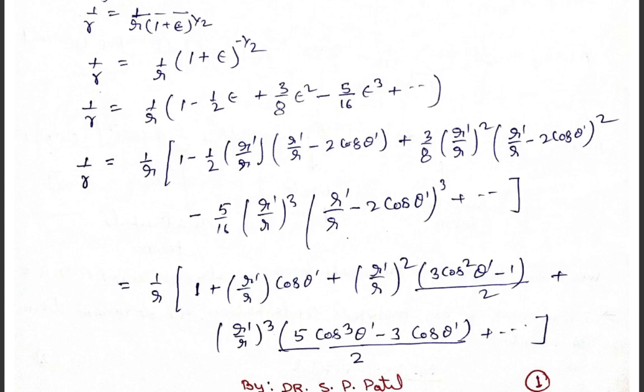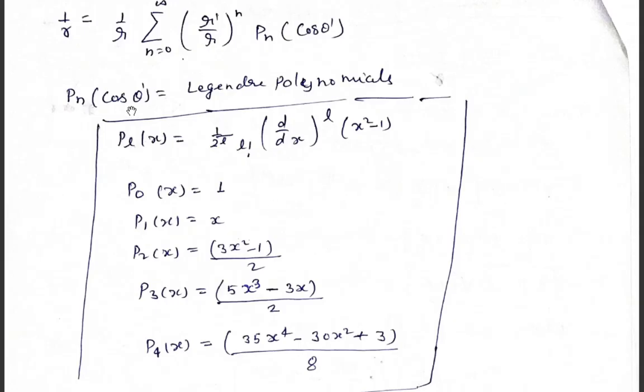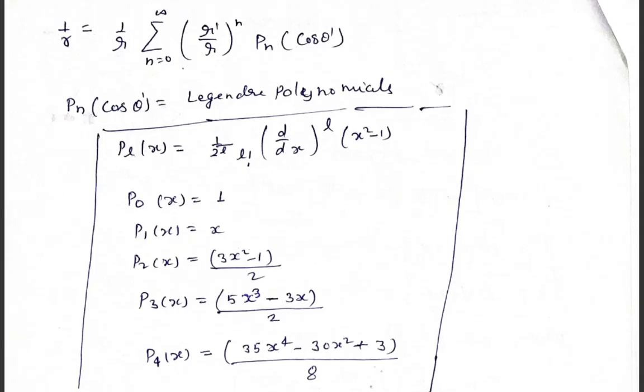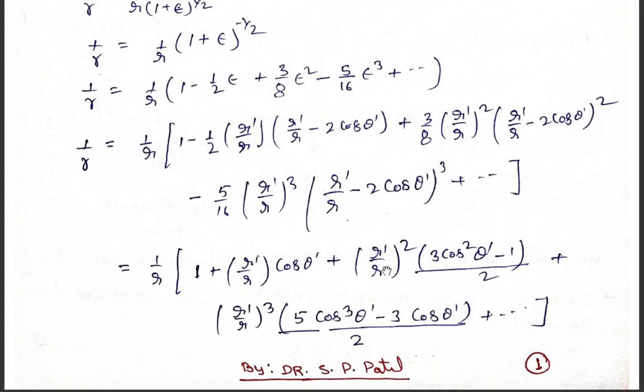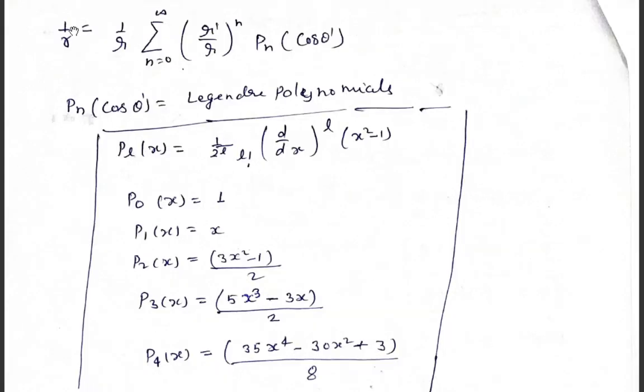Now if you substitute the value of gamma, we know that whatever series we have obtained is quite similar to the Legendre polynomials. So if you try to find out the value of 1 upon gamma, 1 upon gamma can be written as 1 upon r.